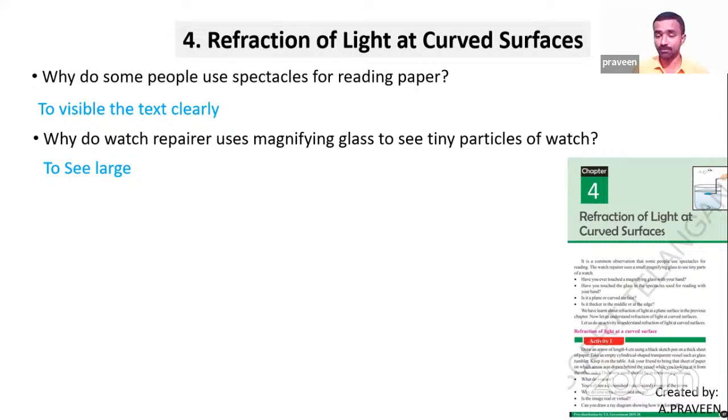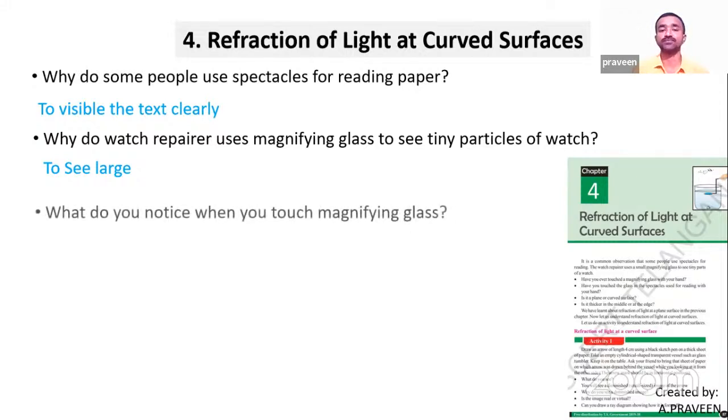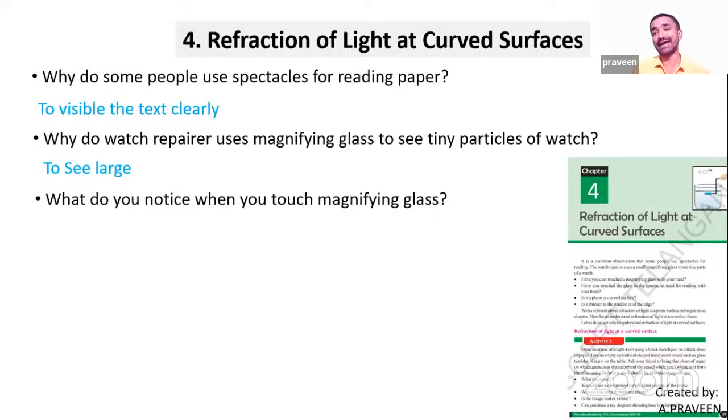Then, what do you notice when you touch a magnifying glass? Move your hand on the surface of the lens, holding one finger at the bottom and one finger at the top, and move them on the two surfaces of the lens at a time. What do you notice here?